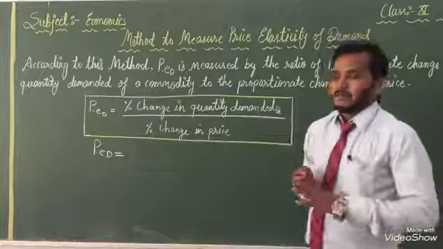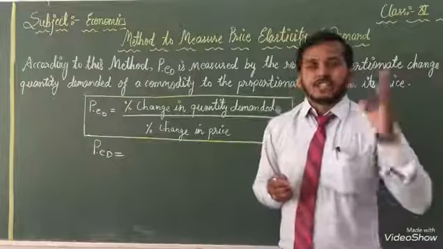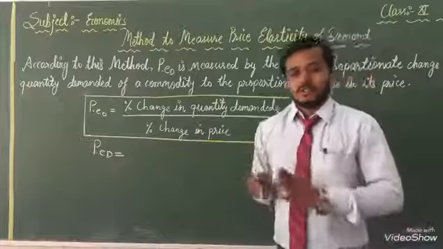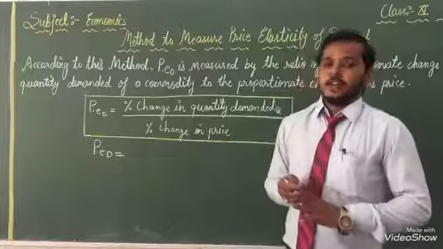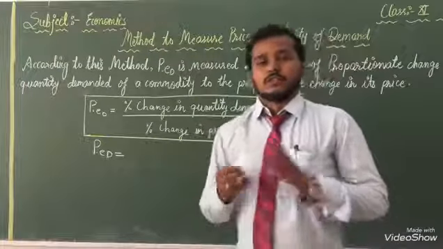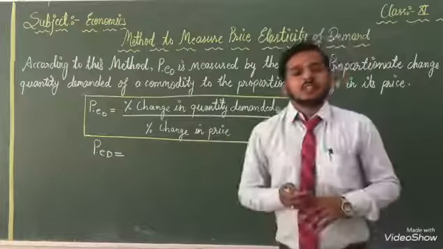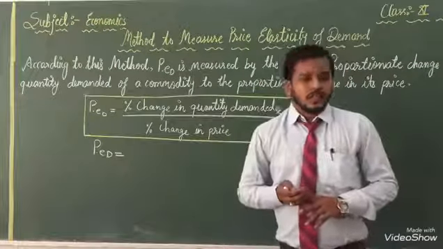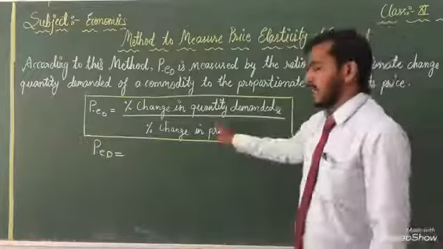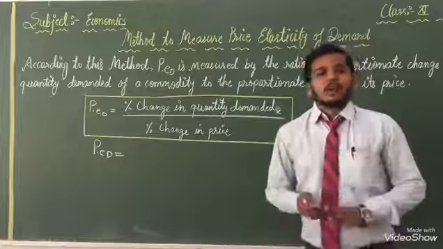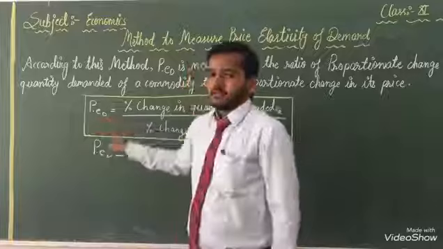You have to revise the formula from the last video. In this lecture also I will explain the same process. If you have understood, then good. If there is any confusion, this lecture will clear all your confusion.